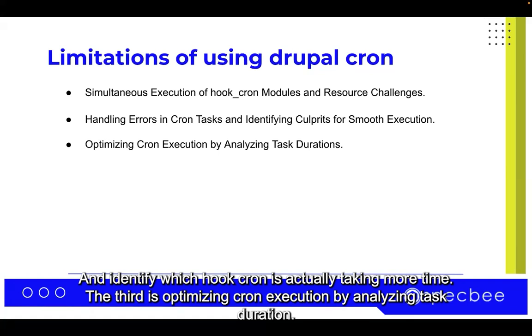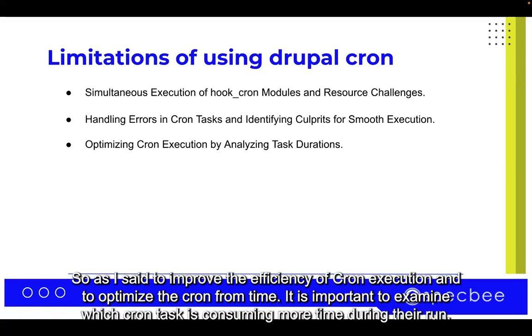The third is optimizing cron execution by analyzing task duration. As I said, to improve the efficiency of cron execution and optimize the cron runtime, it is important to examine which cron task is consuming more time during its run.